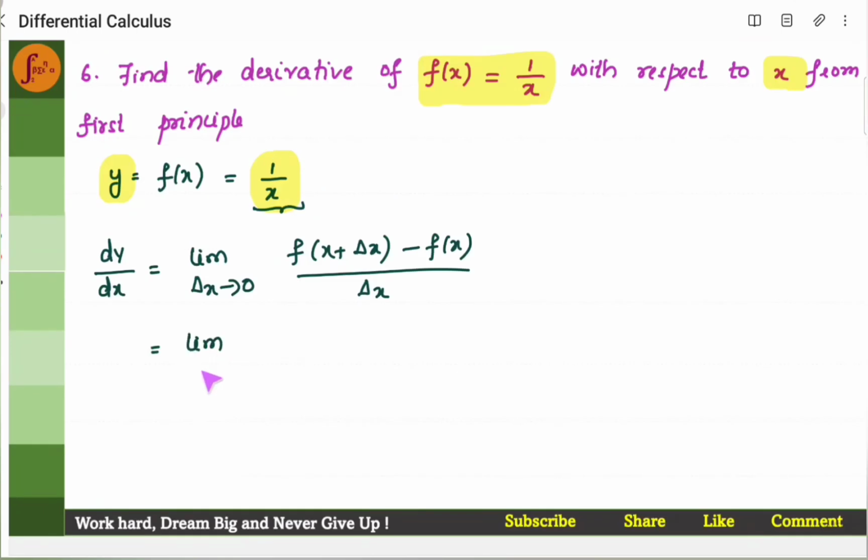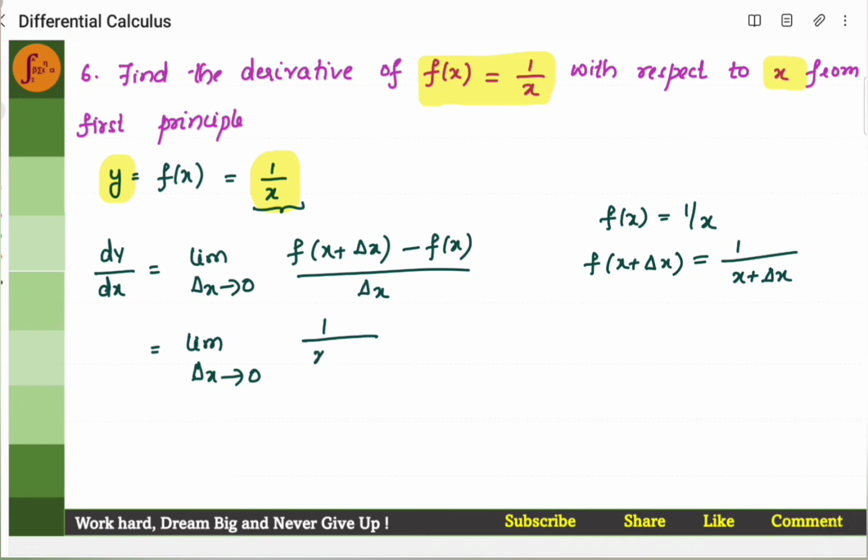So delta x tending to 0, f of x is 1 by x, f of x plus delta x is, instead of x I'll put x plus delta x. So let me substitute. This will be 1 by x plus delta x, minus f of x, 1 by x, by delta x.